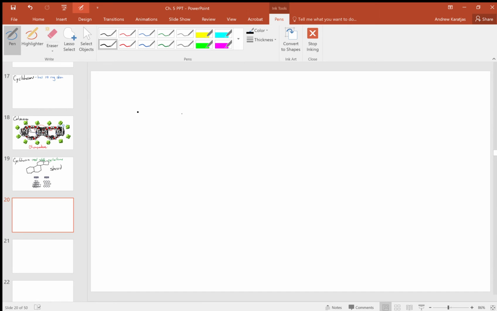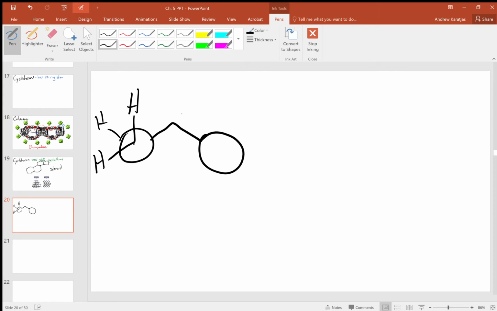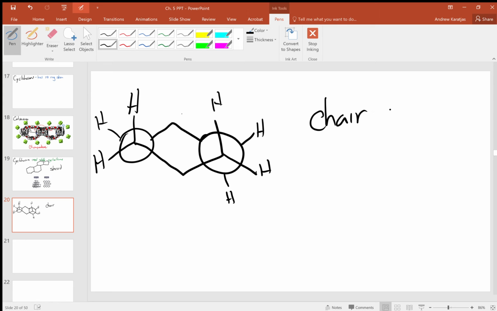So it will look something like this. And this conformation, this orientation of cyclohexane, is what we refer to as the chair conformation.